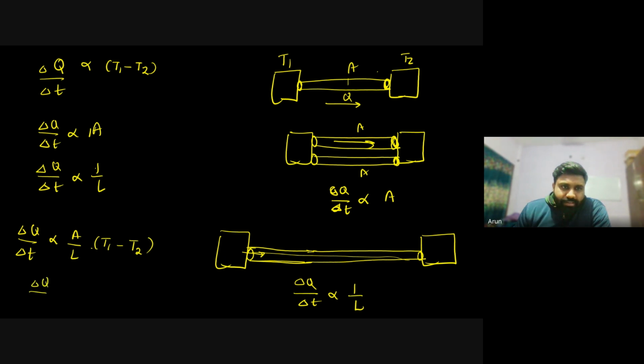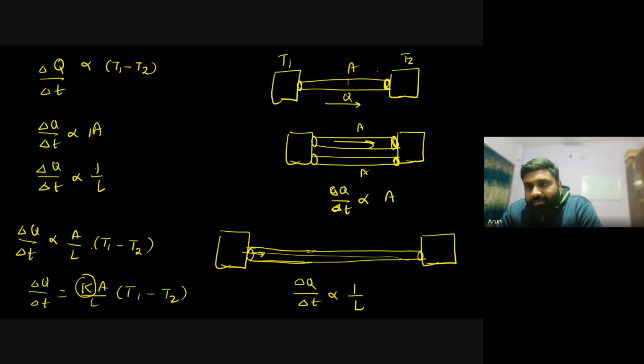So delta Q by delta T is equal to K A upon L into (T1 minus T2). Now this K is nothing but the thermal conductivity of the material, which depends on the nature of the material. Now, what type of material you are using? You are using a conductor or insulator. So that is the thing I want to convey to you.